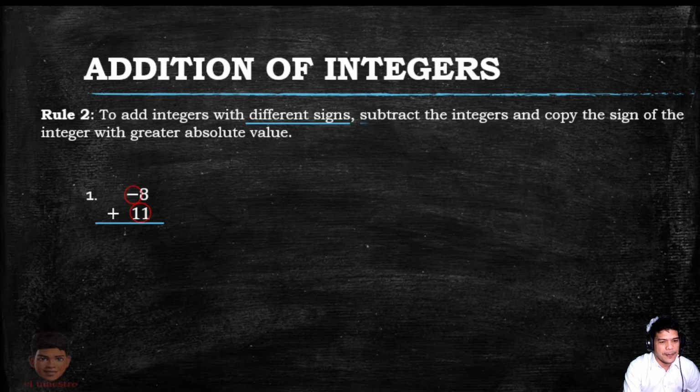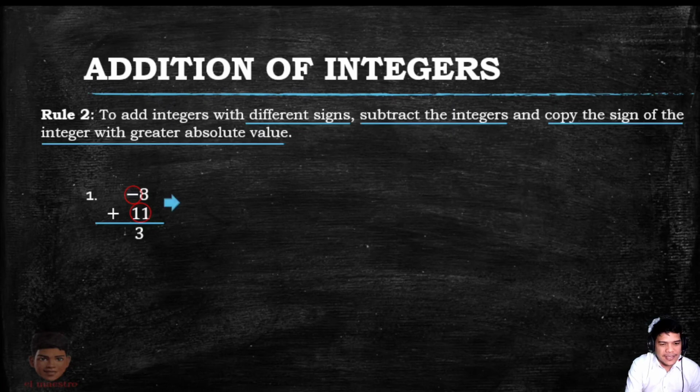So, that is 11 minus 8, which is equal to 3. Again, there is a continuation. It says, copy the sign of the integer with greater absolute value. So let's check the value of the integers, or the sign.